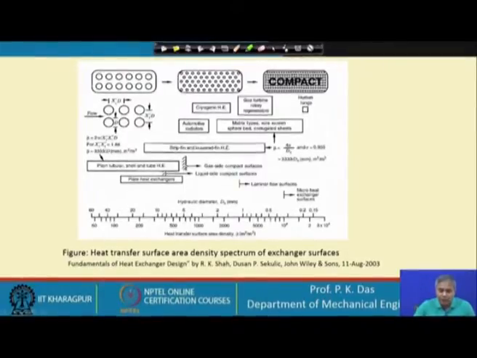And then what we can do is increase this compactness by providing some sort of compact surface on the gas side. Then the plate heat exchanger has larger compactness compared to this, and here again we can have some liquid side compact surfaces.